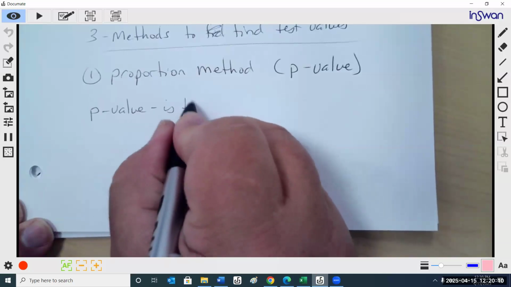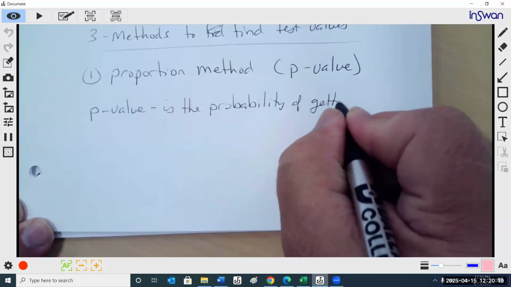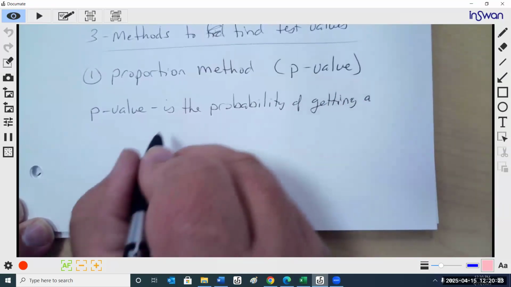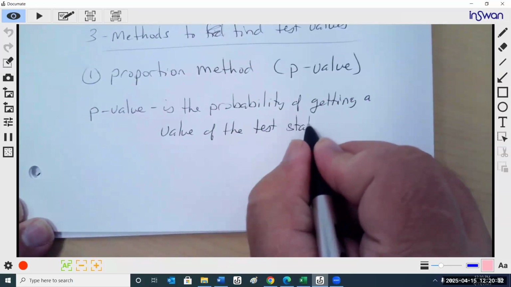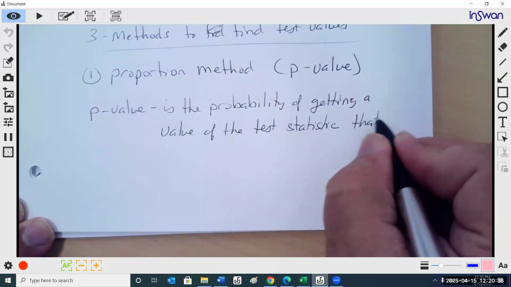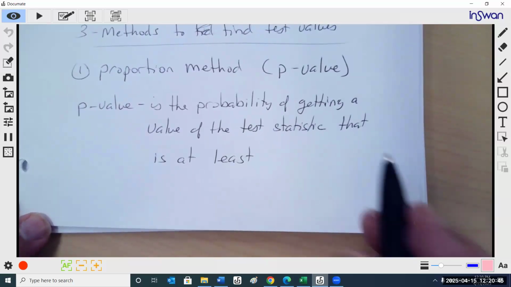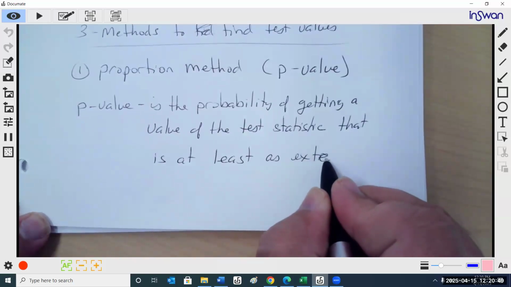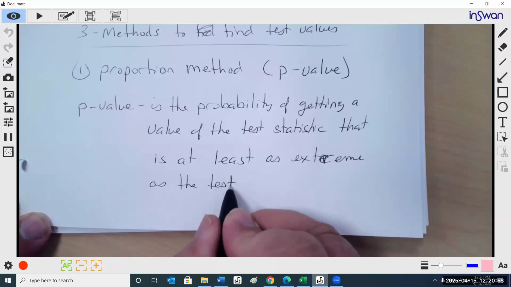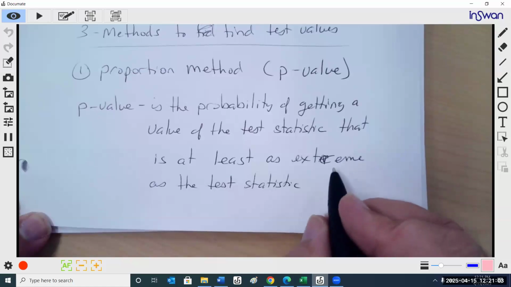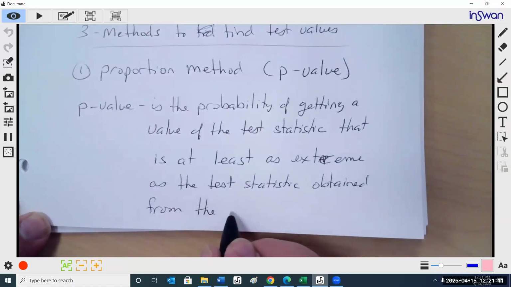The p-value is the probability of getting a value of the test statistic that is at least as extreme as the test statistic obtained from the sample data.